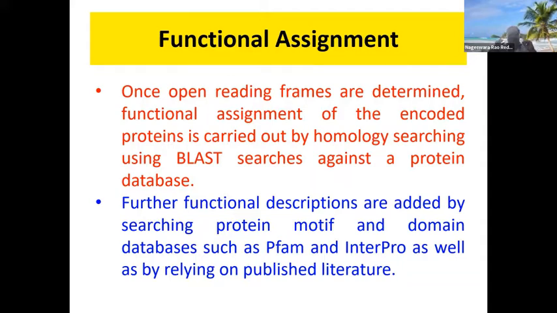The first immediate step when you want to assign a function to a gene is simply to use a homology method, that is, search this gene against a database. You submit a nucleotide sequence, but you ask for a protein product. You have seen certain BLAST variants.